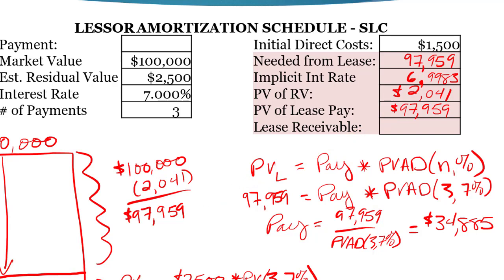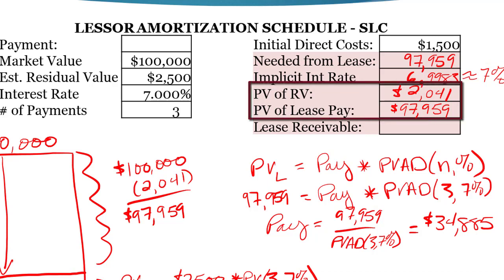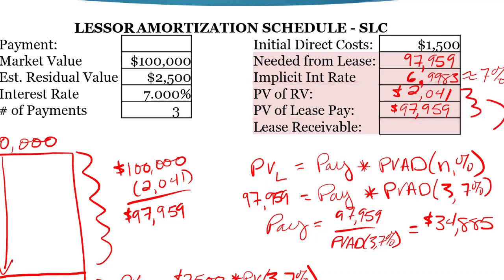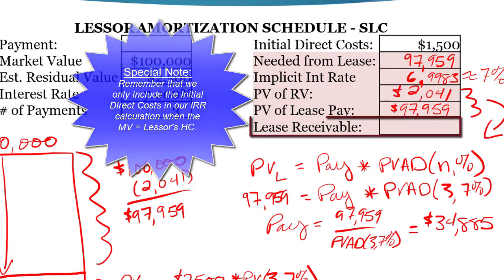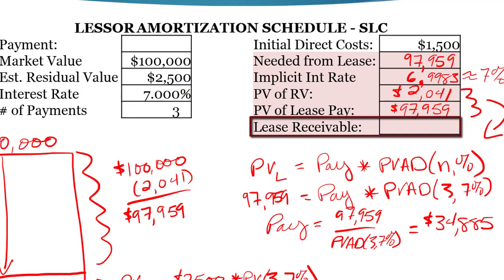Because really, this is almost 7%. So the only time you're going to see differences in these values from the values down here is when we include the initial direct costs in our IRR calculation. Now in this case, remember the lease receivable is everything that we're going to get from the lessee.